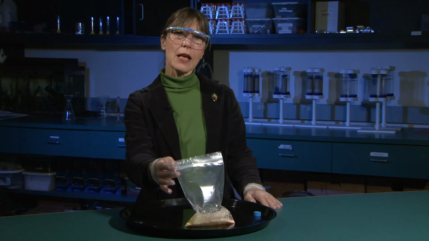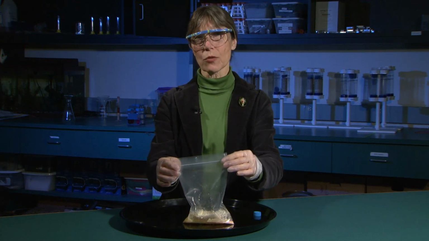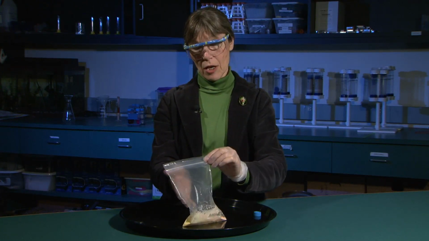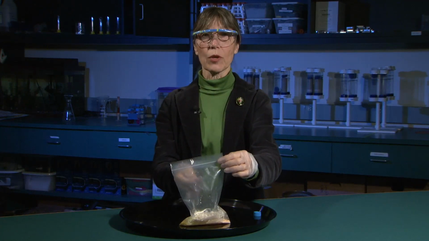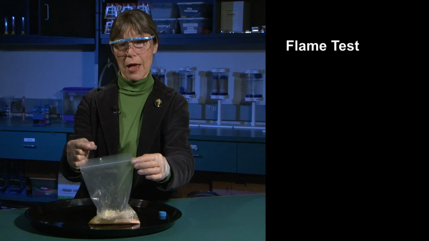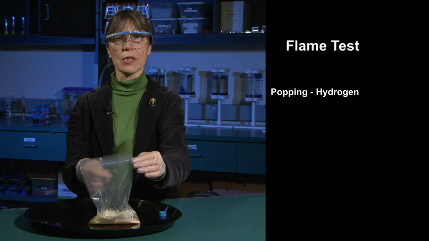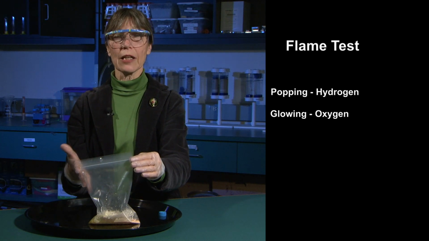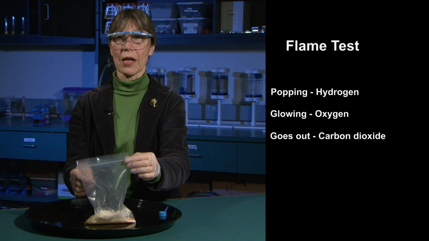All right, so let's see now if we can make a discovery about what new products or new molecules were formed in our chemical reaction. The bag here changed. We saw a gas forming, and right now we can figure out what the gas is. With a flame test, we can put in a match and we can see if there's a popping sound, then we'll know it's hydrogen. If the flame starts to glow more brightly, we'll know it's oxygen, and if it goes out, then we'll know it's carbon dioxide.